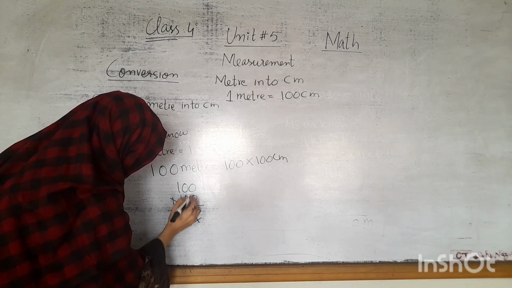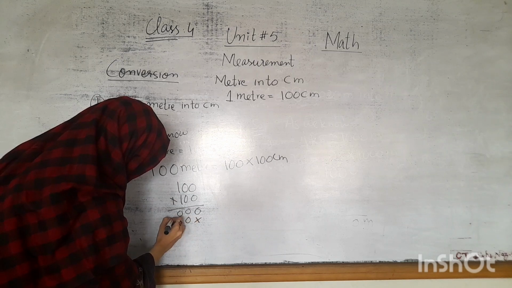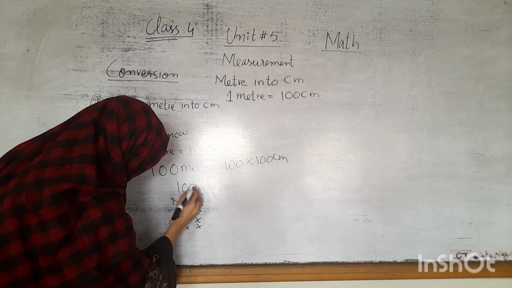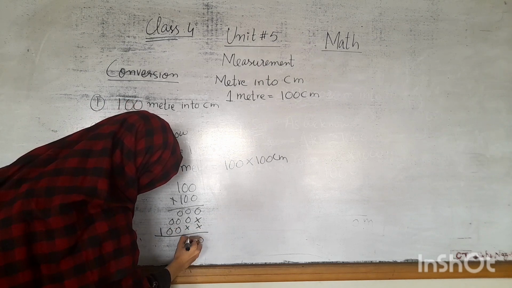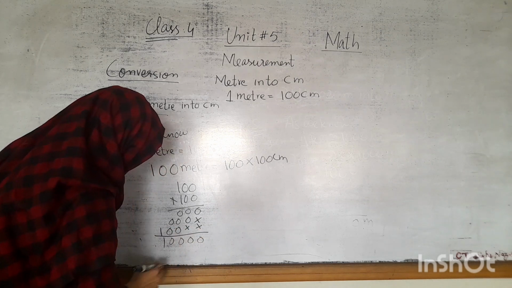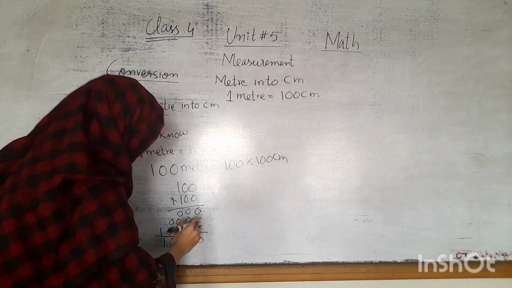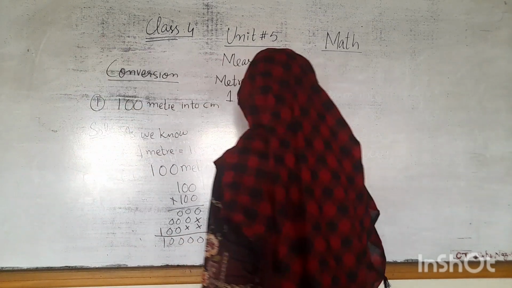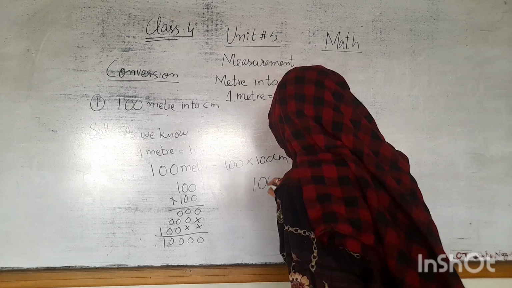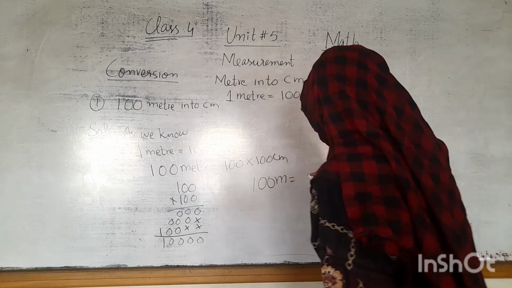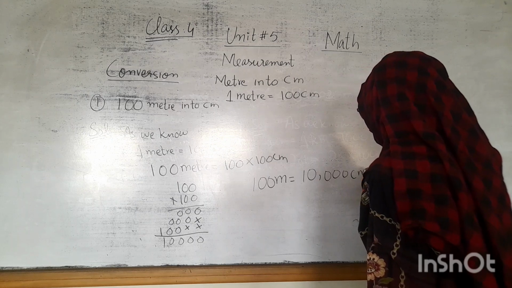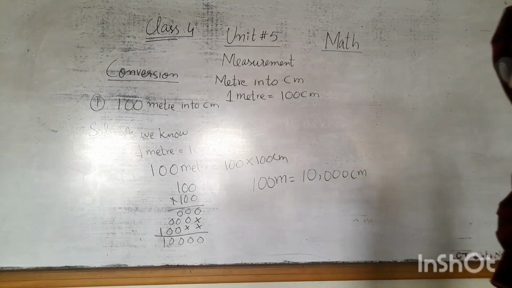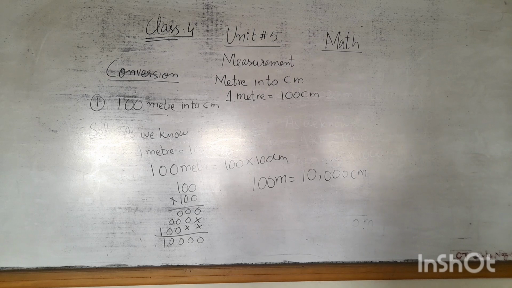Then we multiply with the second term and the third term. Now we have 100 meter is equal to 10,000 centimeter. So this is a method of conversion how to convert meter into centimeter.